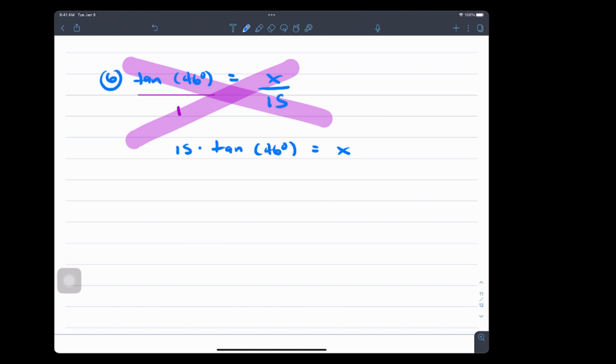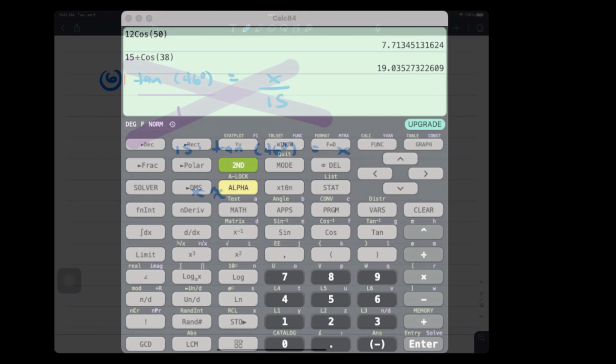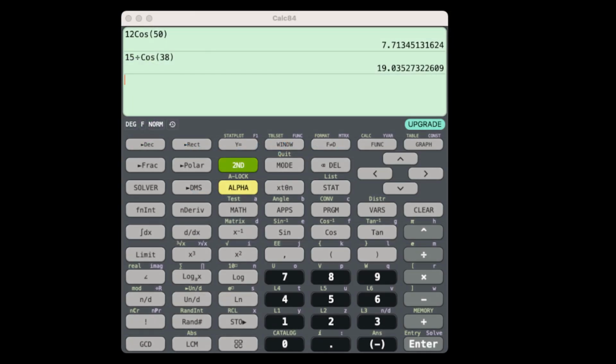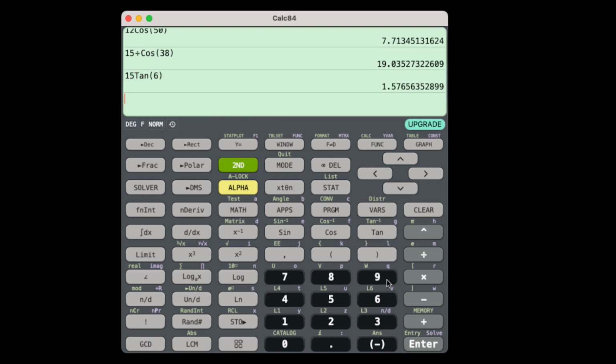Okay, you guys okay with this one? Easy peasy lemon squeezy. You say, isn't that the same as just multiplying both sides by 15? It is. But I'm going to put my x on the left now. So here's what we're going to get: x equals 15 tangent 46. To the nearest tenth, is that 1.6?